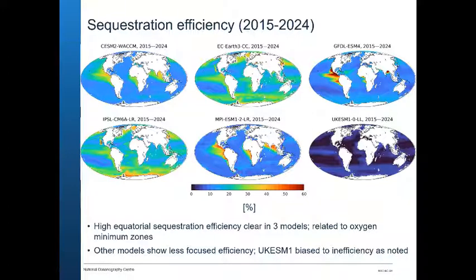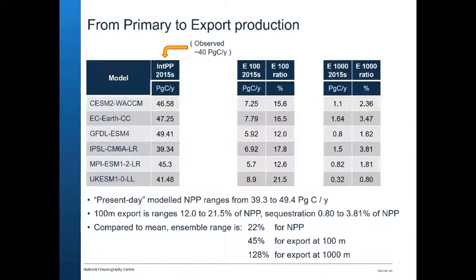And this is just a summary showing the transfer from primary production all the way through to export. I've shown here the actual fluxes in terms of grams of carbon, and also the percentage as well. A couple of things to pull out: on the whole, the models tend to agree about what the production is, about 40 petagrams of carbon thereabouts.